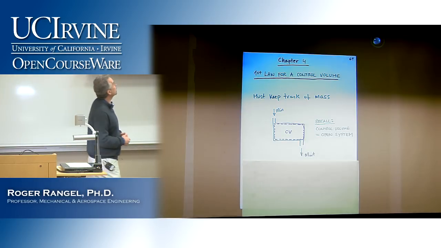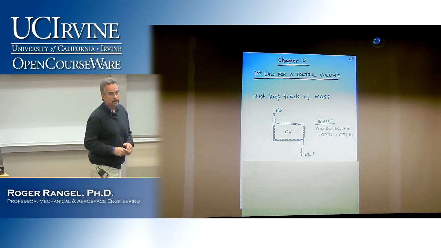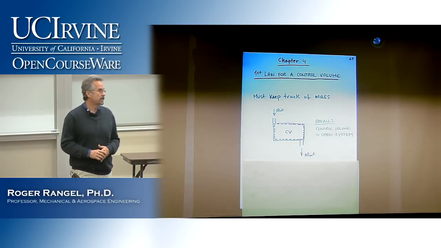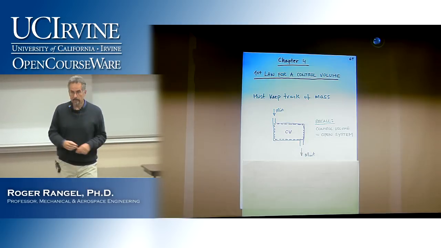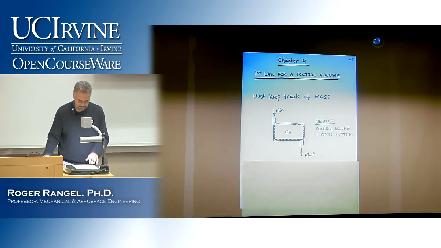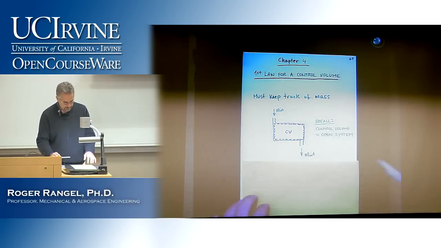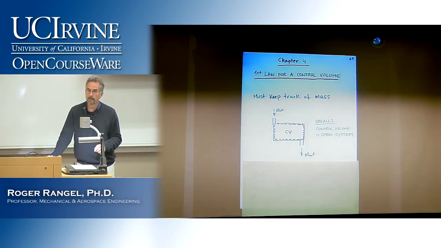So if I pick the boundary of the system to be the dashed line that you see there, then that is an open system or a control volume, because there are two places where mass is crossing the dashed line, once at the inlet and once at the outlet. So that's essentially the type of problem that we want to be looking at.